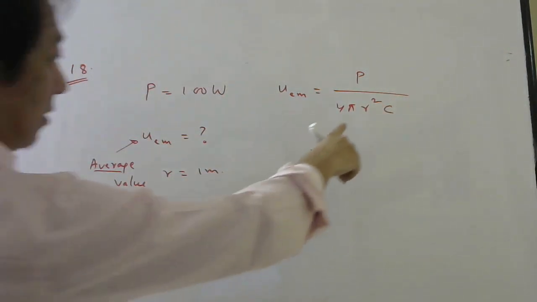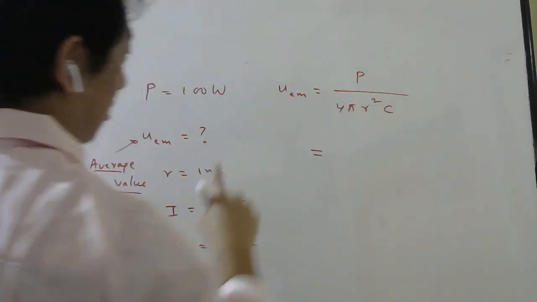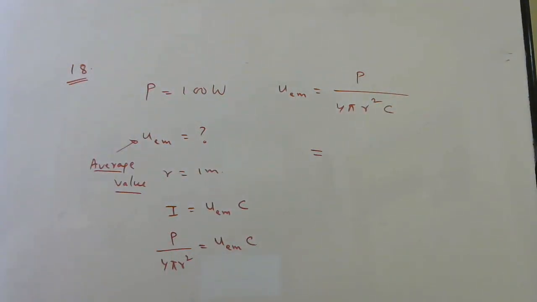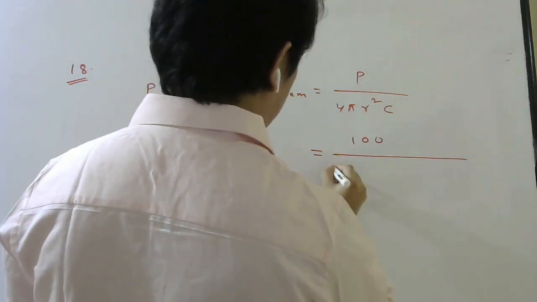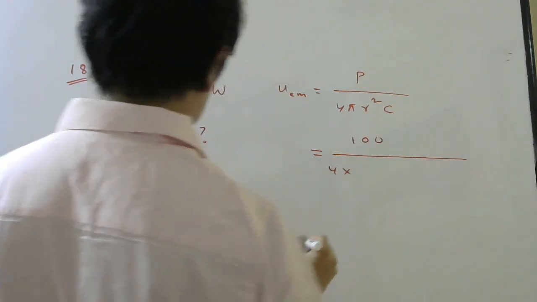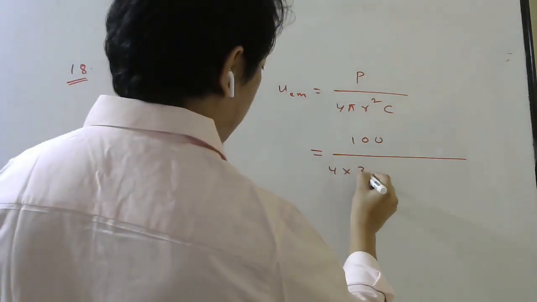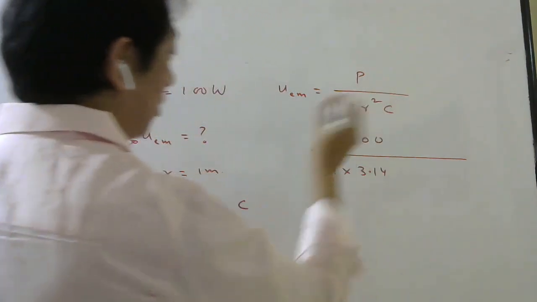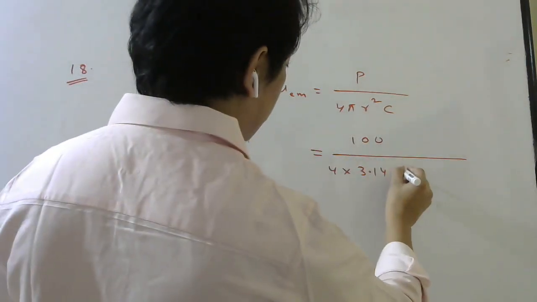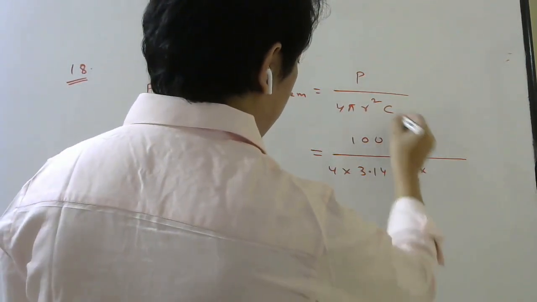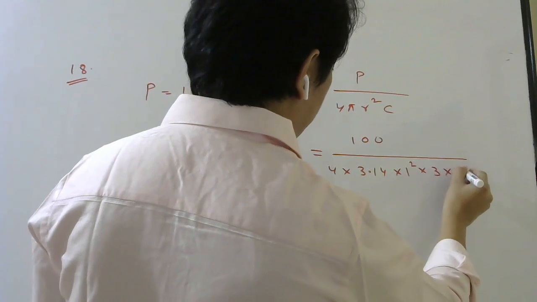This time I will not multiply and divide by epsilon naught because epsilon naught value is tricky, right? So I will just write power is 100, 4 is 4, pi. This time let me write at least 3.14 because I won't be able to cancel with anything. R is 1 meter, that is the good news. And C we all know is 3 into 10 power 8.